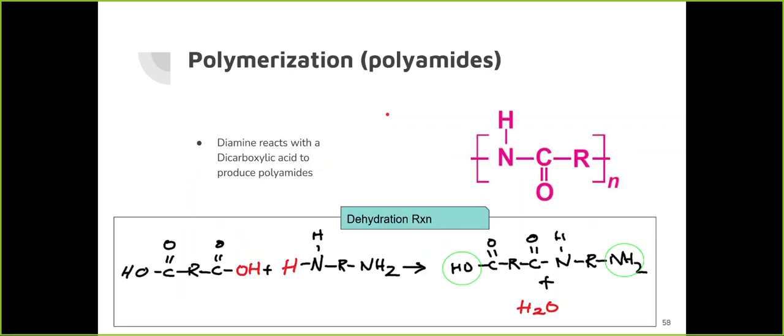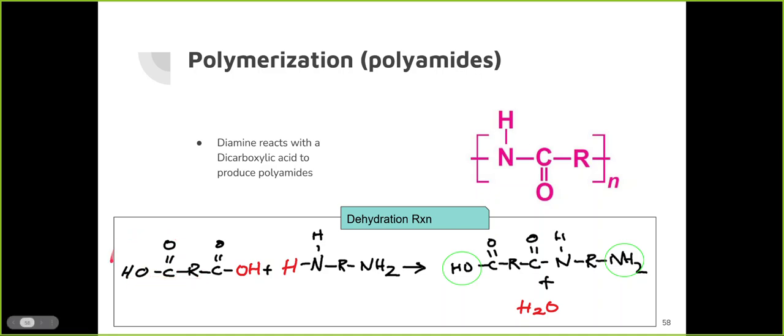And you can polymerize amides. So a diamine, and remember a diamine is where you've got an NH2 on either side of a chemical compound, will react with a dicarboxylic acid to produce polyamides. So here we have a dicarboxylic acid.